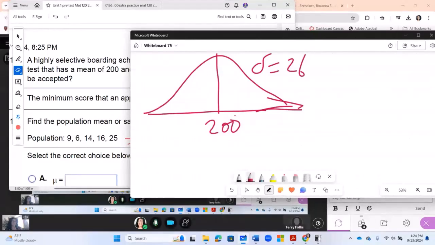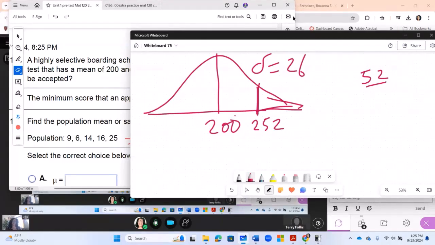It is 200 plus 26, 226. So 2 standard deviations above the mean: if I multiply 26 by 2, I have 52. Do you agree? 26 times 2 will be 52. 52 plus 200 is 252. So you must score 252 to be accepted in that school.